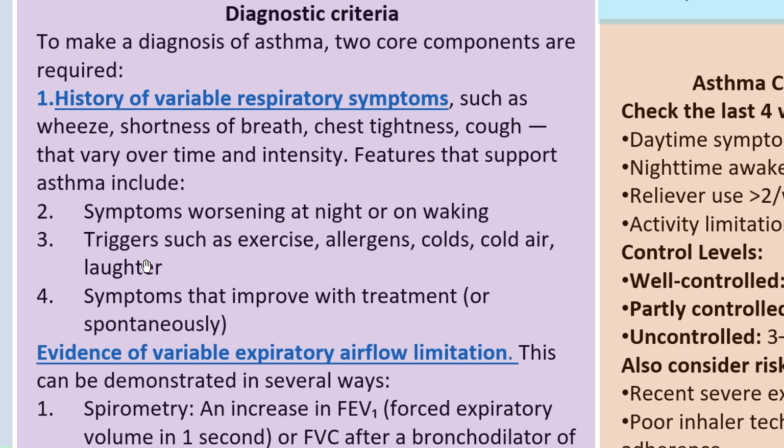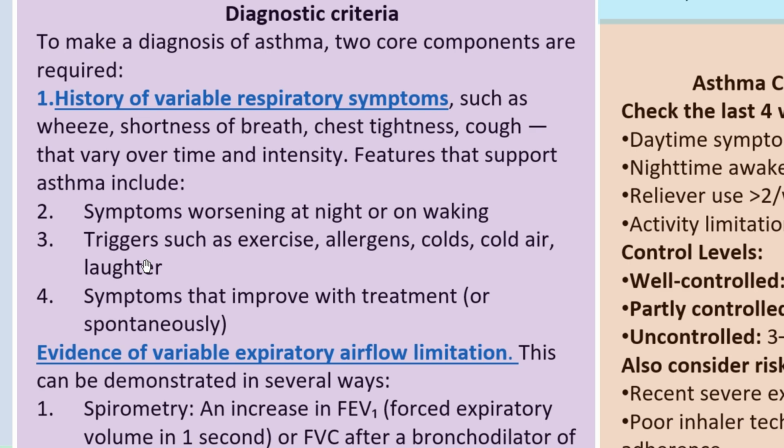Most triggers are exercise, allergens, cold air, or even laughter. And then symptoms that improve with treatment. This is very important because in the pediatric population, where you may not be able to objectively assess their expiratory airflow, you may give them a trial of corticosteroids and see if they improve, and this will give you a clue to the diagnosis.